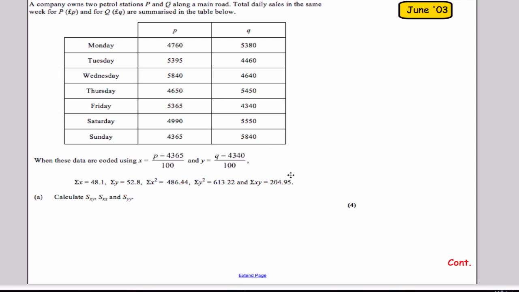Right, I need SXY. So let's start with SXY. SXY equals sum of XY, which is 204.95, minus sum of X times sum of Y, so 48.1 times the sum of Y, 52.8, all divided by N, which in this case is 7.